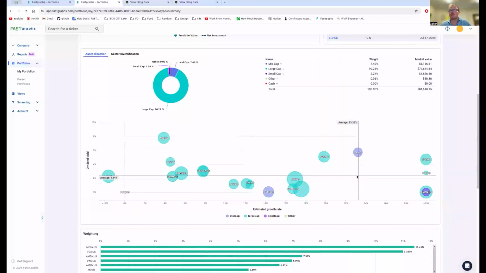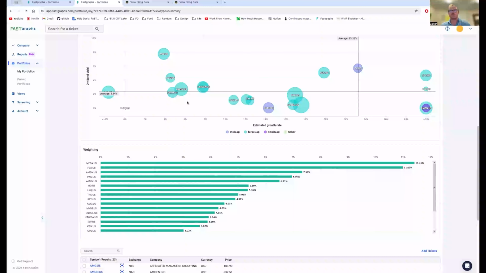Okay, so then what it shows me is my kind of average of what my estimated earnings growth rate of my portfolio is going to be, as well as the dividend yield. And it's all based on weightings and everything like that. So this kind of gives me an interesting look into how my portfolio is set up for future growth.